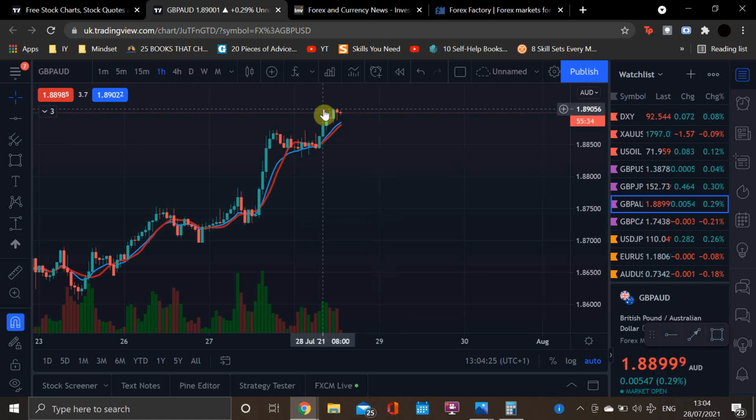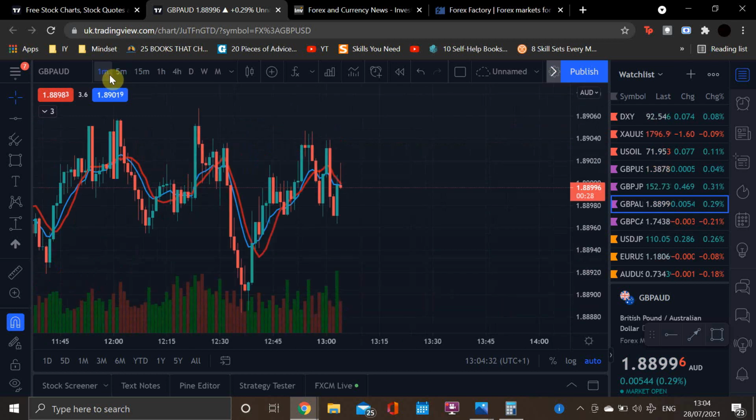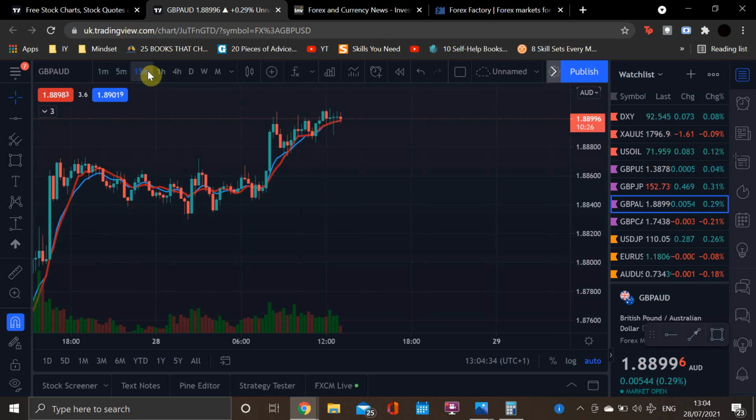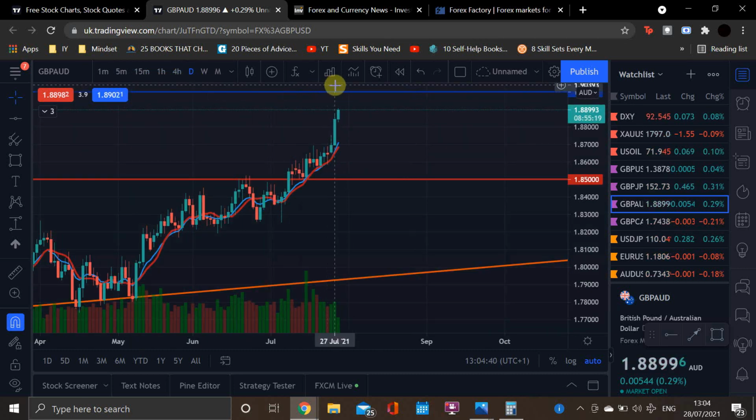It's kind of reached a little peak here, but we'll wait till market opens to see what happens. But I 100% do believe it's going to reach this 1.9 area. My stop loss would probably be below this high it made for itself.